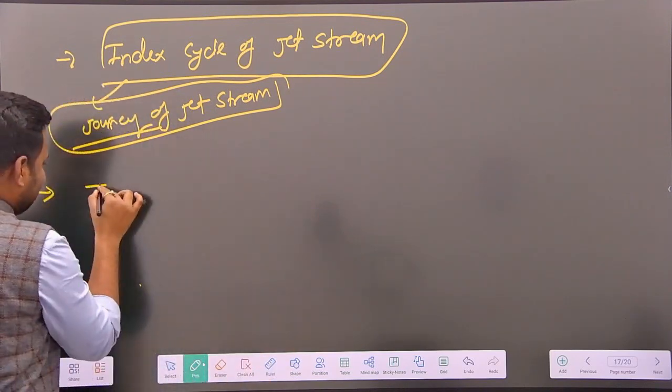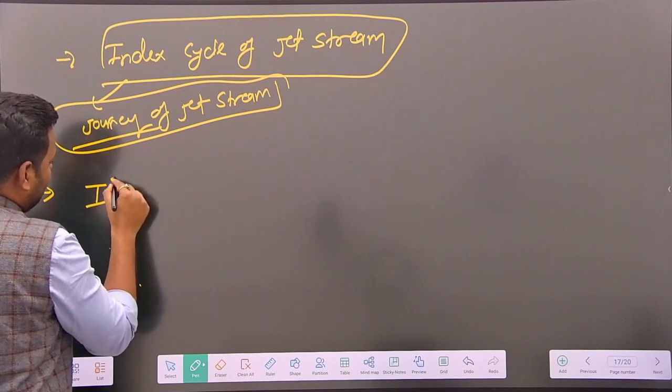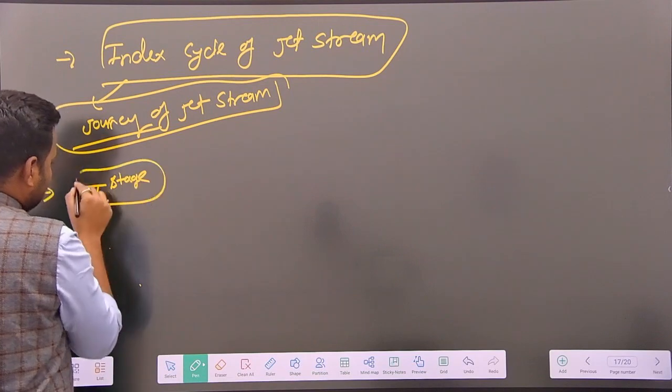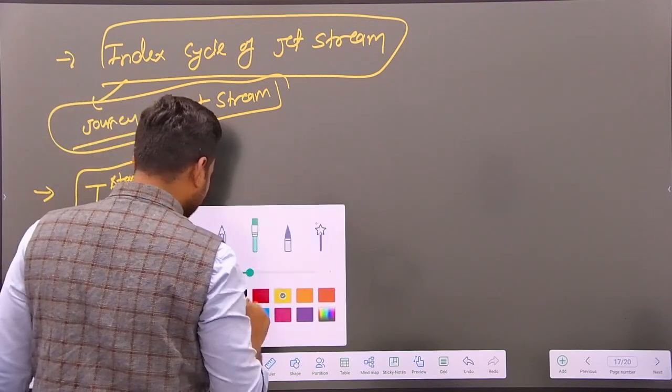The first stage of the jet stream: what is the first stage?